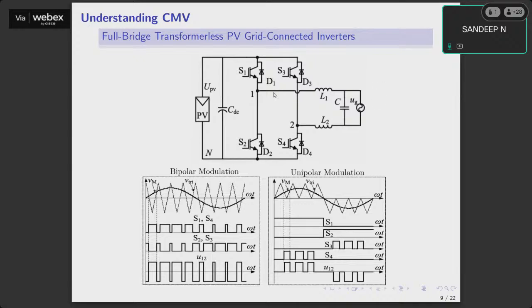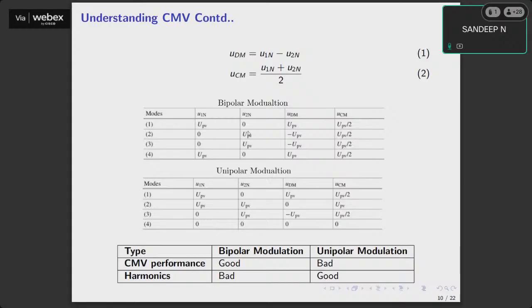We don't know what the power factor is. So in both cases you will have UPV, and the same goes for minus UPV. What is interesting to note here is that the common mode voltage is constant, UPV by 2. Whatever the inverter switching state, whether it is UPV or minus UPV, the common mode voltage is constant in the case of bipolar modulation.